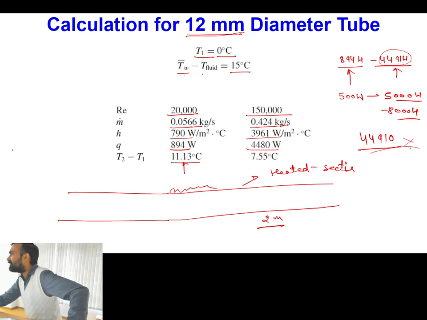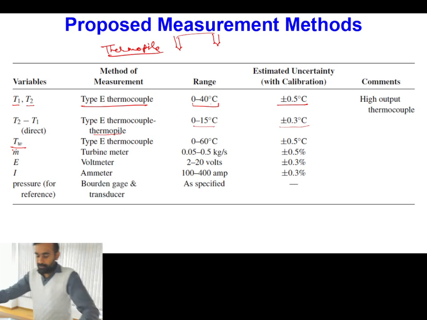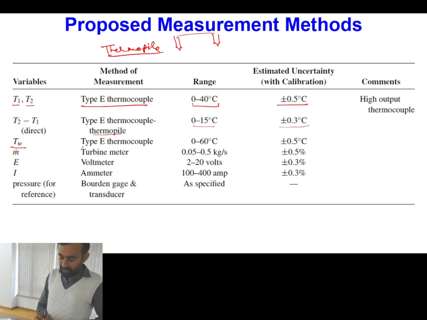So for wall temperature we have to consider a device which can measure in the range of 40-50 degrees Celsius. So again we have an E-type thermocouple, which will be required to measure the temperature in the range of 0 to 60 degrees Celsius and plus minus 0.5.